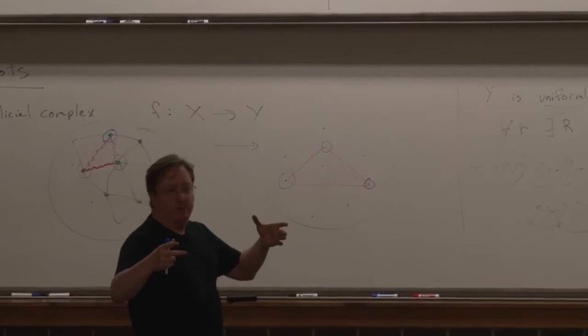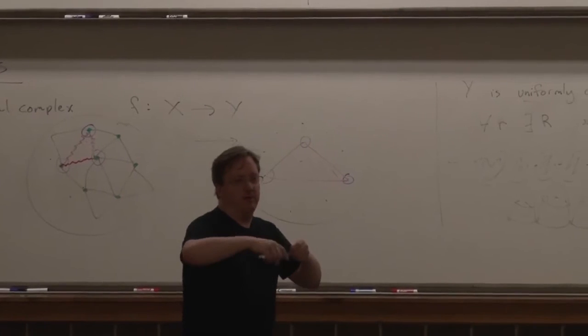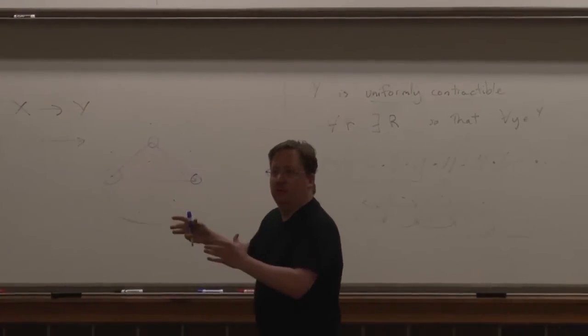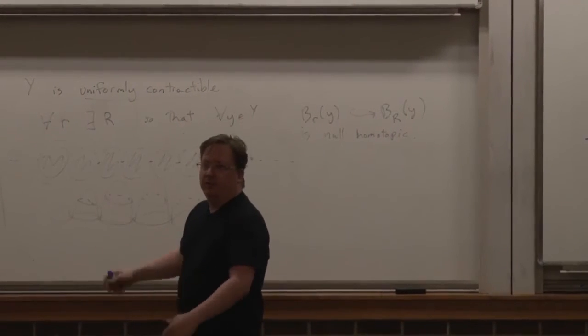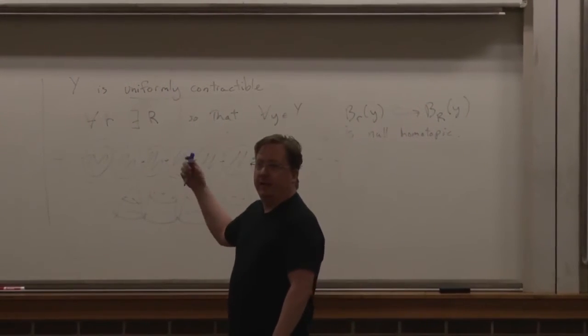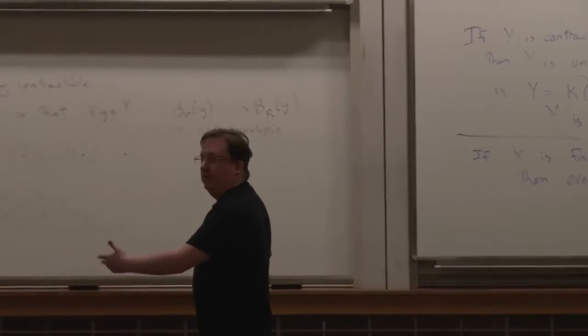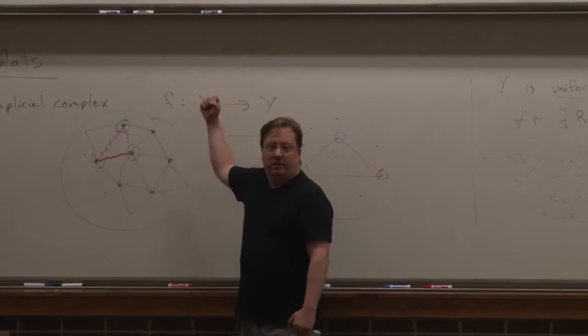The corresponding balls of radius 2R then cover the whole space. And if you form this sort of intersection graph, the nerve of the covering by these balls of radius 2R that we talked about last time, that's always a simplicial complex that's quasi-isometric to X. Okay, so as far as the quasi-isometry stuff is concerned, we may as well assume our X is simplicial.